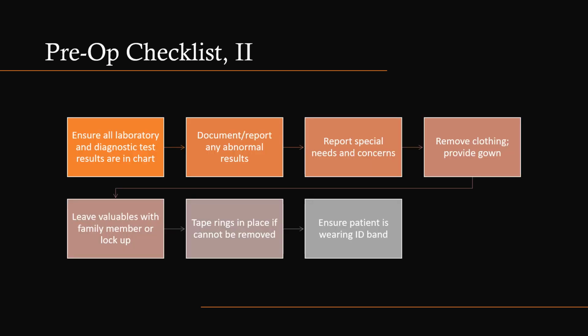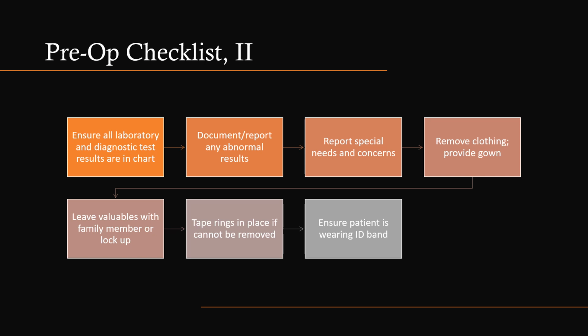Continuing with the pre-op checklist, you want to ensure all the lab work's been done, the diagnostic tests. Remember, we talked about earlier in this PowerPoint presentation, the coagulation panel and the complete blood count. So you want those lab works done. You want EKGs, echocardiogram, all those things that I mentioned earlier. You want to report any abnormal findings.